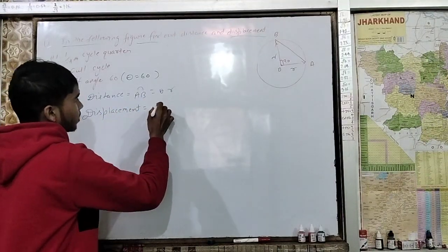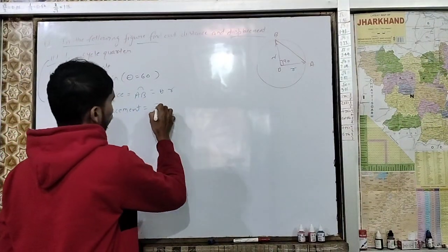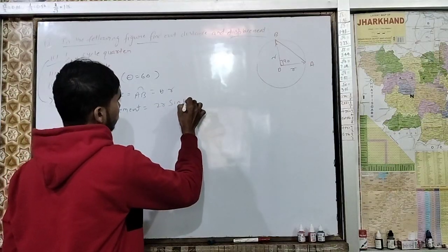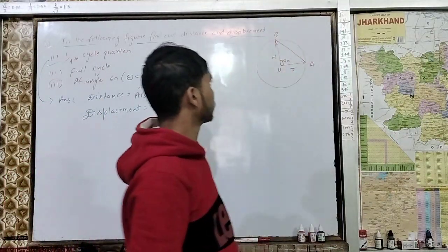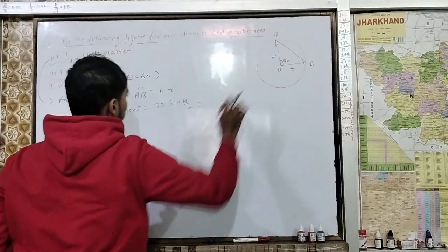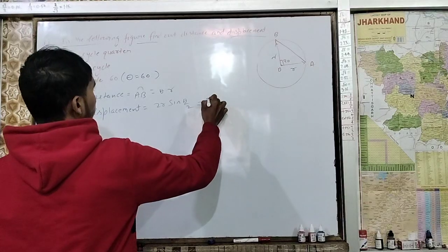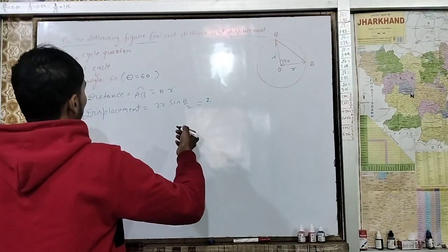This is for AB, where two sides are equal to each other. So 2 multiplied by R, R is not given.